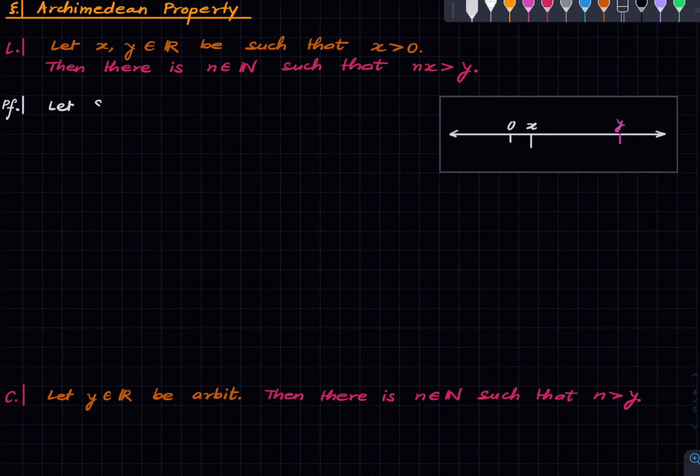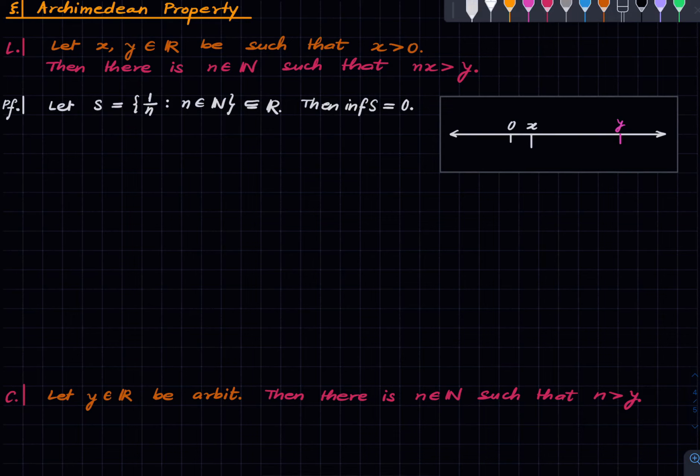So define S as in the previous slide. That's S. Of course, it's a set of real numbers. Then as we saw, 0 is the infimum. I'm just restating the previous conclusion. Okay, so this is what we will use.